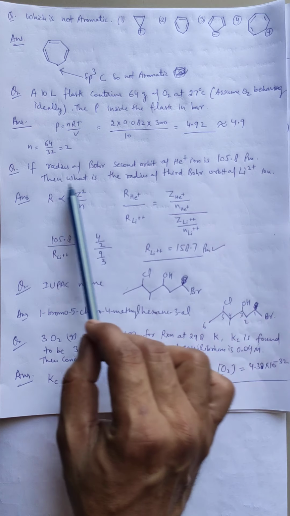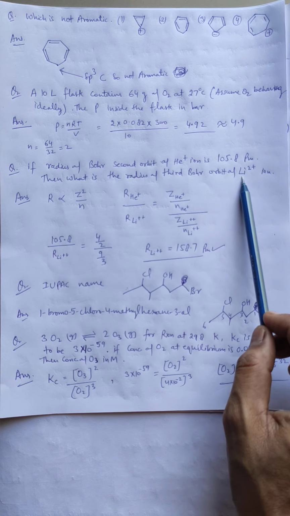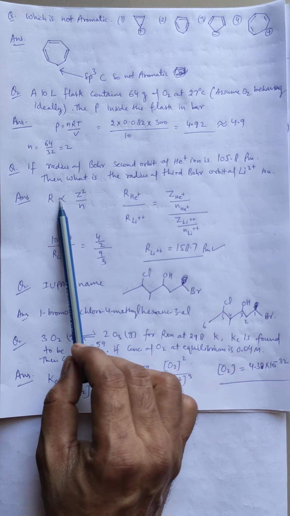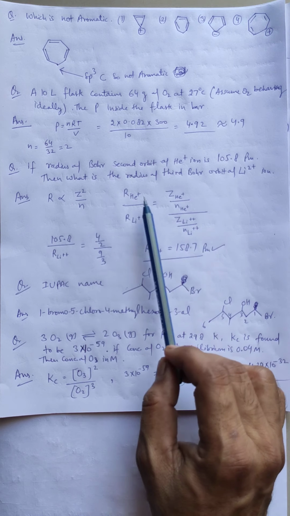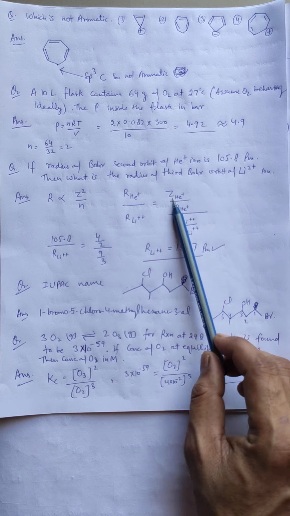Now the next is, if the radius of Bohr second orbit of He positive ion is 105.8 picometer, then what is the radius of third Bohr orbit of lithium 2 positive ion? So radius is directly proportional to n square upon Z. So just place the values, R He positive upon R Li 2 positive.